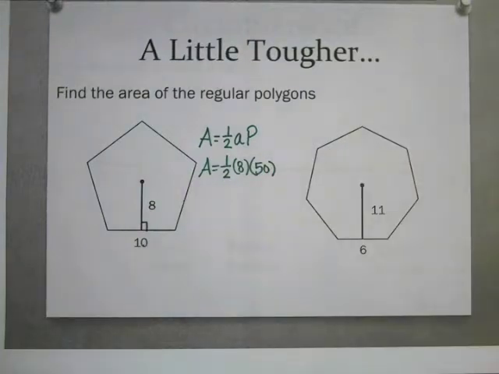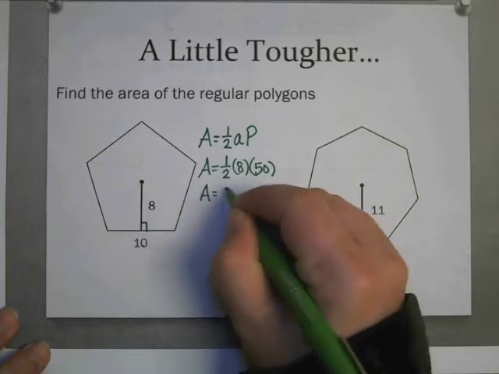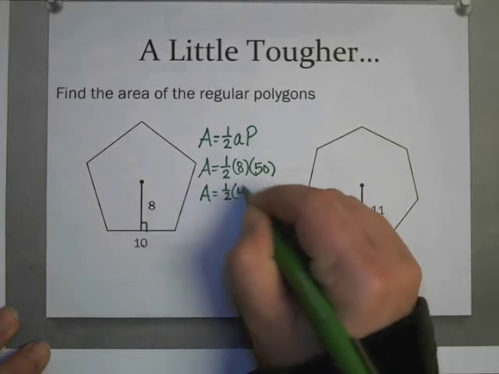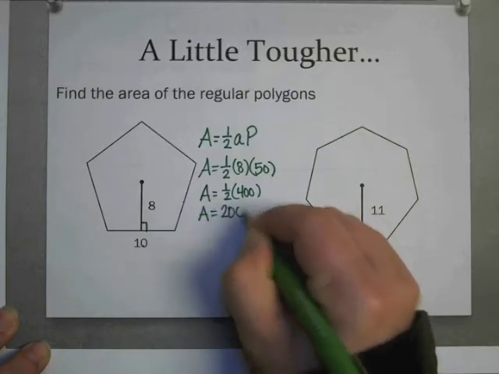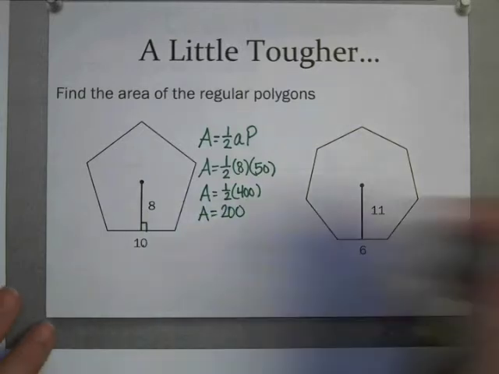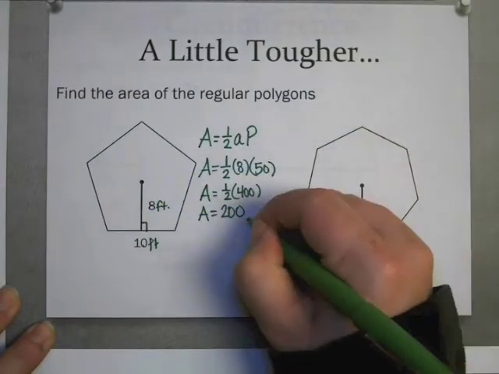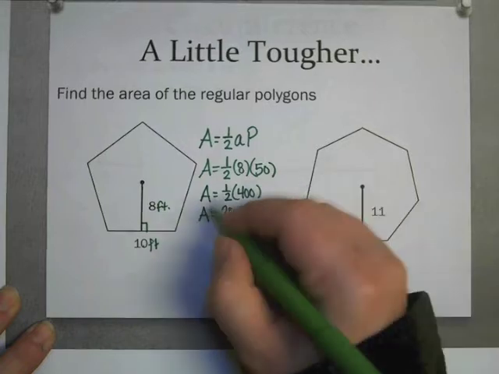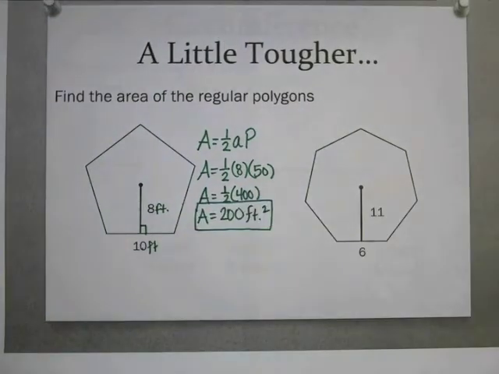So it's 1/2 times 8 times 50. So area equals 1/2 of 400, so our area is 200. And since it's area, let's say this is 8 feet this time. So that would be 200 feet squared, our area of that regular pentagon.